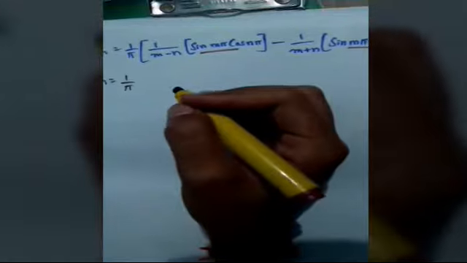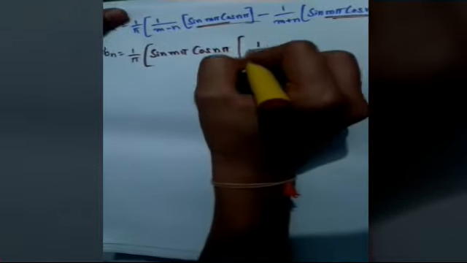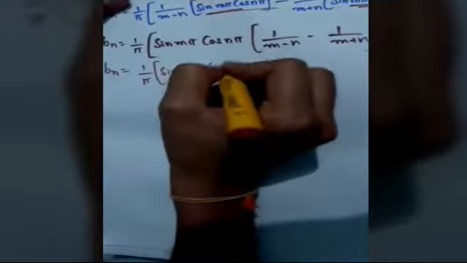Now if we simplify this, sin m pi cos n pi is common, so we take it as common, into 1 by (m minus n) minus 1 by (m plus n) as the remaining terms.